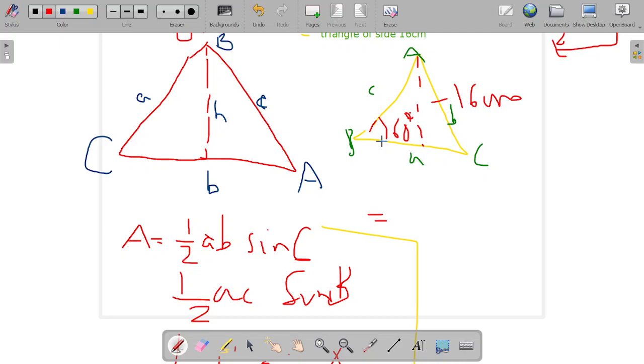This B here indicates the angle. So let's make use of this formula, 1 over 2 AC sine B. So how do we solve it? 1 over 2 times a, which is the one here.